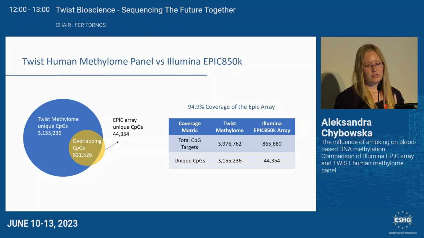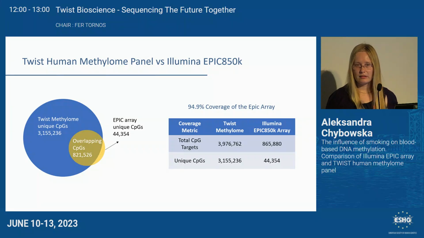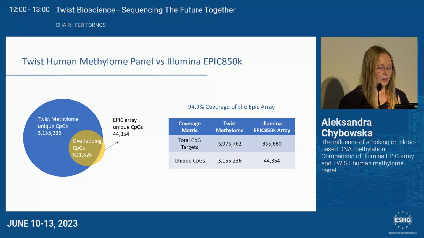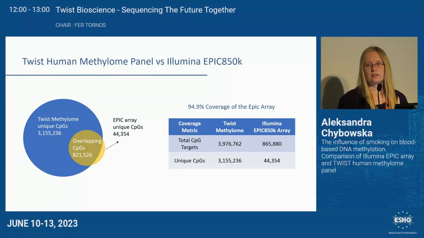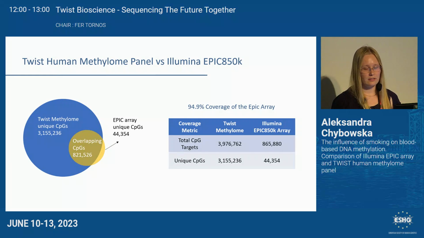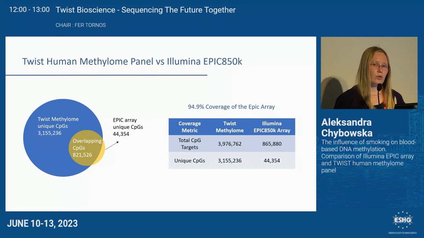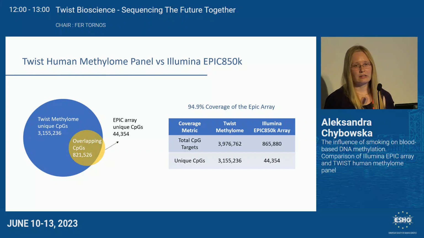So there are approaches that lie somewhere in between using arrays and whole methylome profiling. One such approach is targeted sequencing, and this is exemplified by the Twist human methylation panel. By using targeted sequencing, we can measure methylation at a higher number of CpG sites than available on methylation arrays. At the same time, the cost of such an experiment will be lower than whole genome profiling.